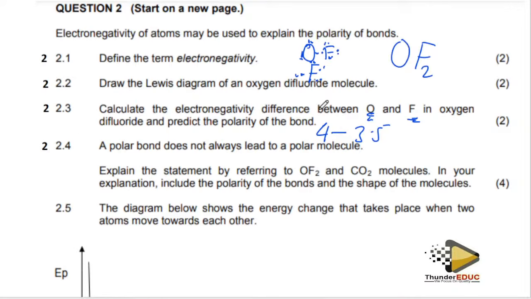So the answer here is going to be 0.5. So what does that figure indicate? What does it indicate to you? You have to know what that figure indicates to you. So we go to the next question.